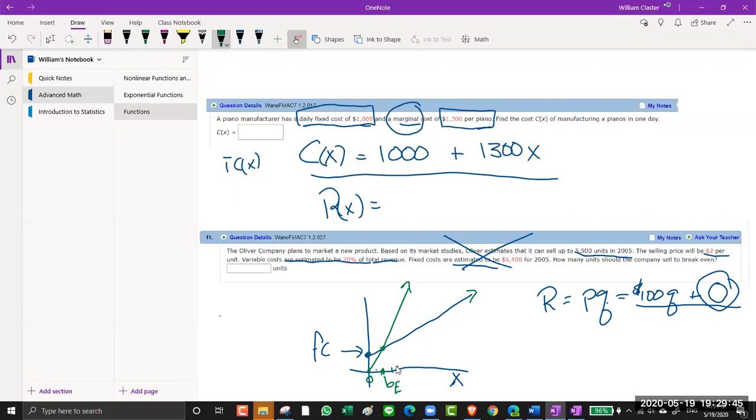After that, once you get more sales, revenue surpasses the cost and you're making a profit of this amount. But right here, the revenue equals the cost, so you are breaking even. In the homework, you're going to have to do some problems to find the break-even point.